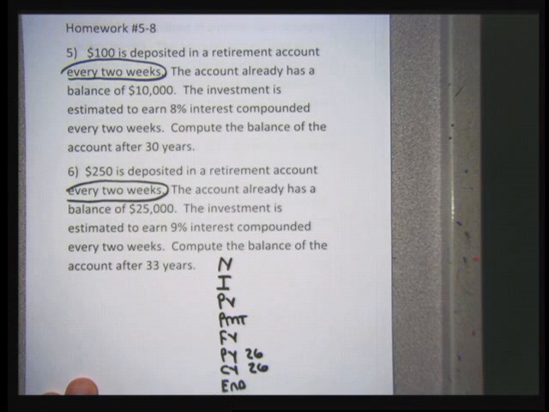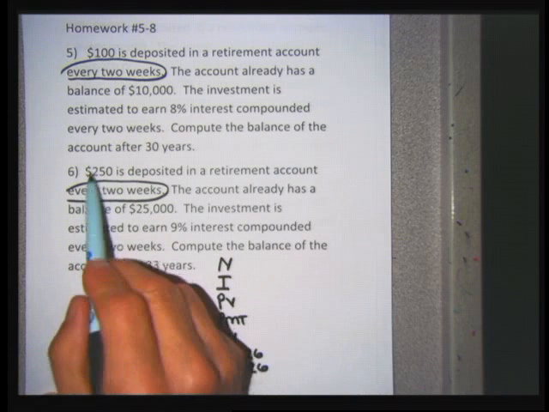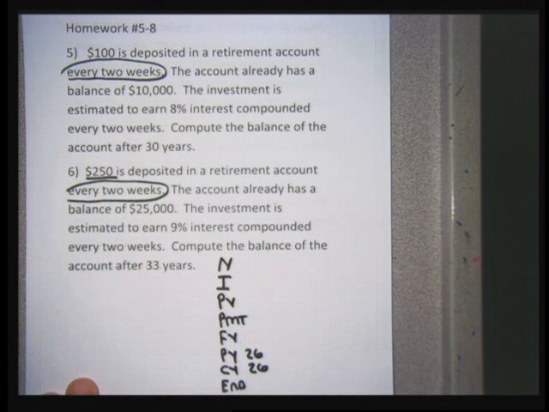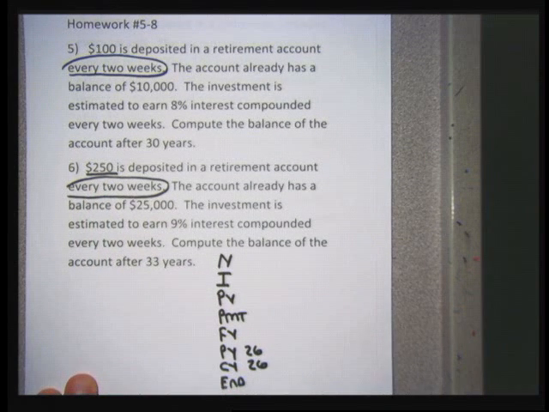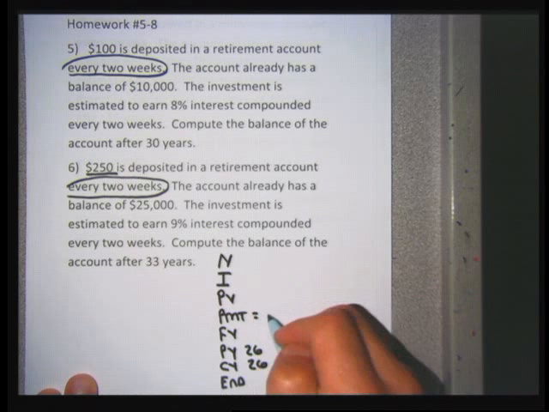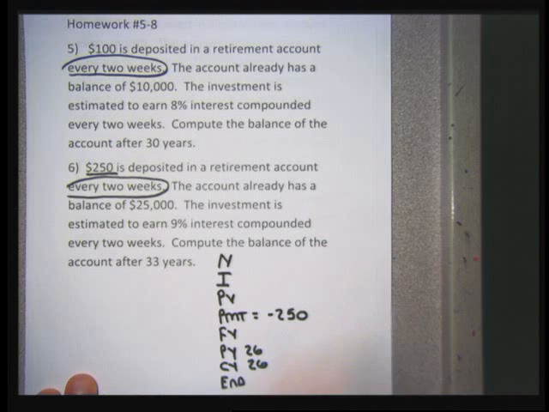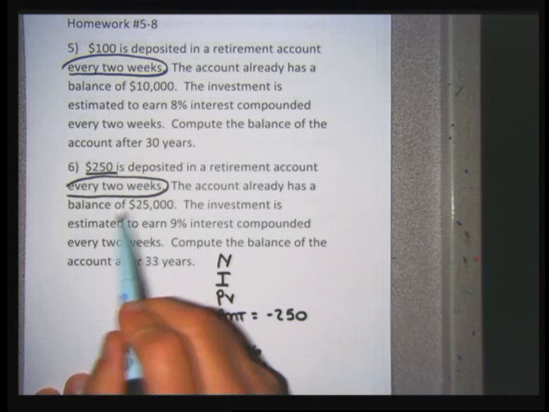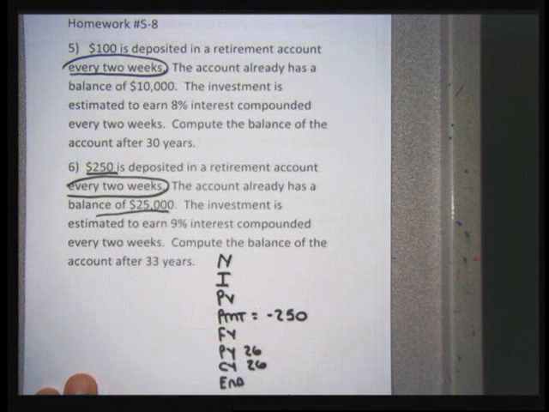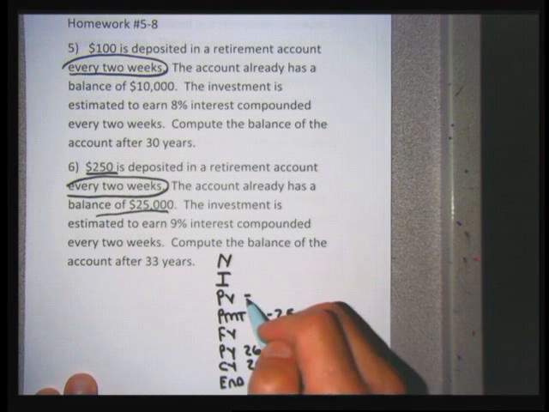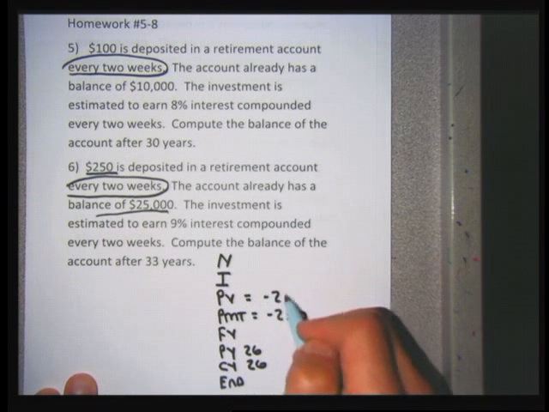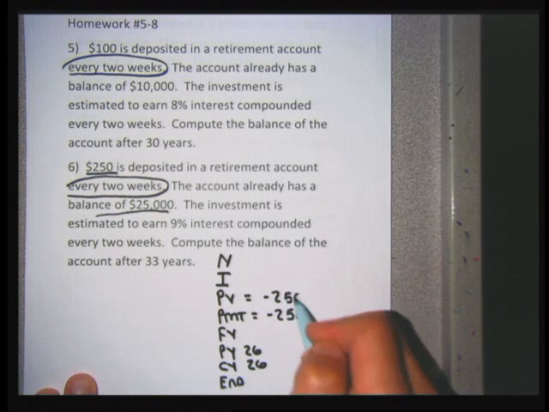Now when I go through my problem, the $250 is a recurring deposit. It's while I'm saving up for retirement, not when I'm spending my retirement, so it goes in as a negative. The account already has a current balance of $25,000. That's its present value. And while I'm saving up money, both the present value and the PMT get negative signs.